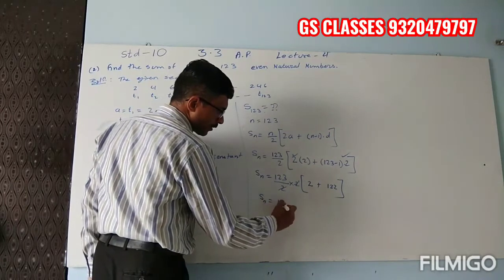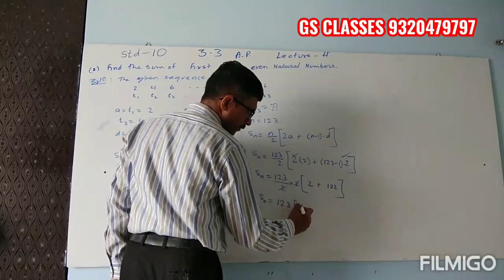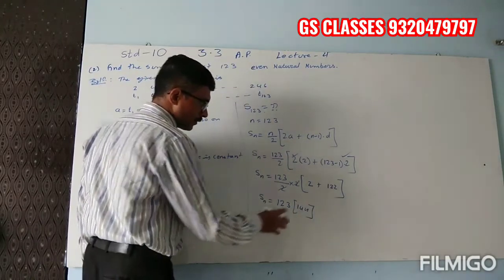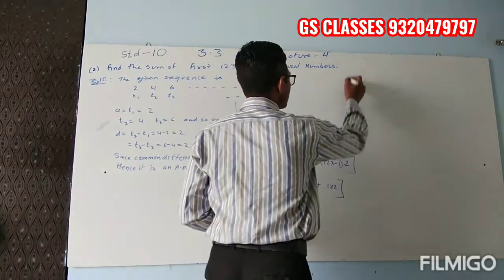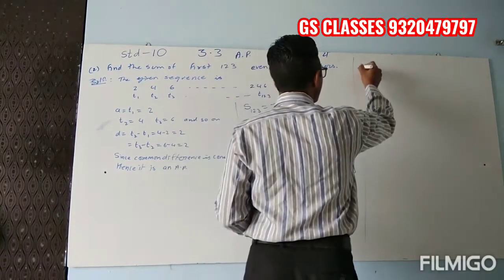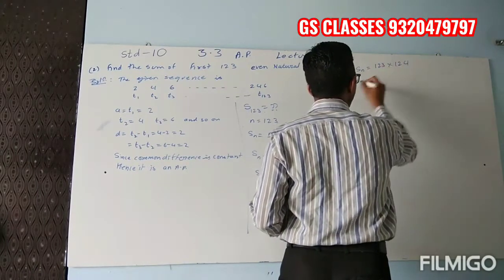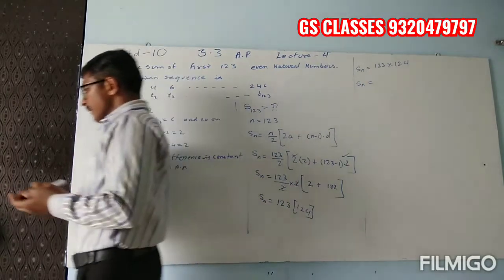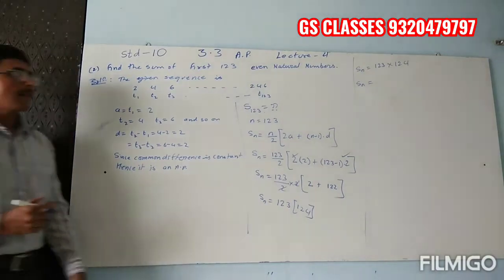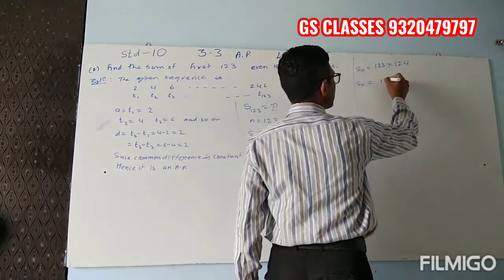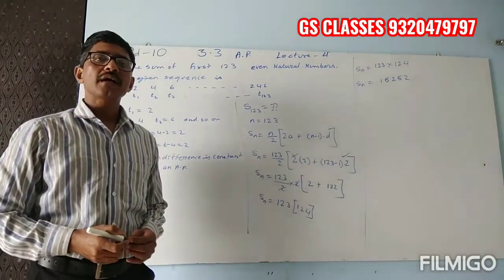Sn is going to be 123 into 2 plus 122, which is 124. Now, children, we will multiply Sn equals to 123 into 124, and thereafter we will write our answer. After multiplication, you will get the answer 15252. So do the calculation and confirm your answer.